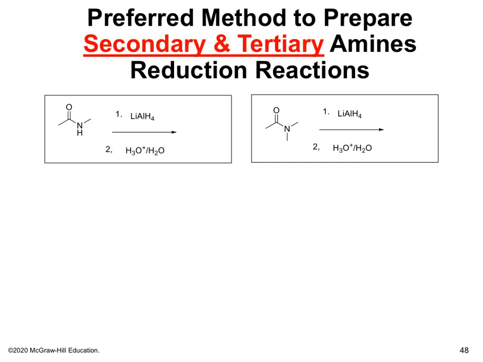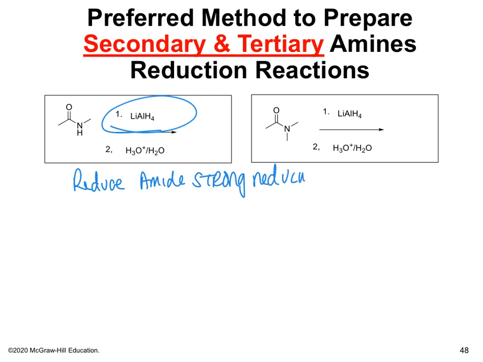What about secondary and tertiary amines? You can also reduce the amide. Okay, so if you have an amide bond, you have to use a strong reducing agent. So you have to use lithium aluminum hydride, and this will reduce that. That will make a secondary amine.